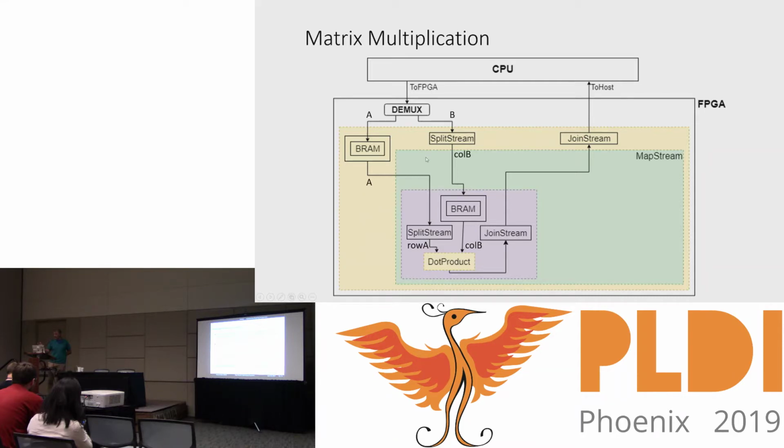So splitting is basically converting the flat representation of the B matrix into its columns by creating this multi-dimensional stream. And then for each column, we just store in the block RAM a single column of the B matrix. So now in these two block RAMs, we have matrix A and one column of B. And then what happens here is basically matrix vector multiplication. That's the purple box.